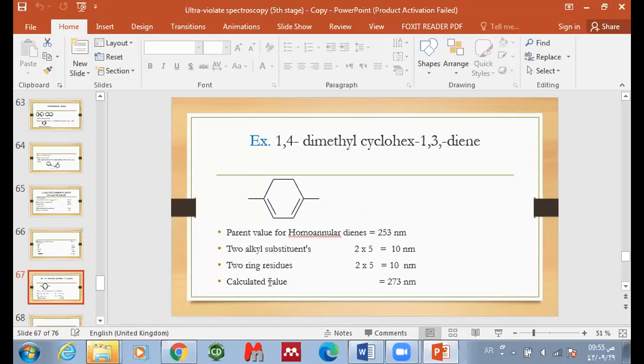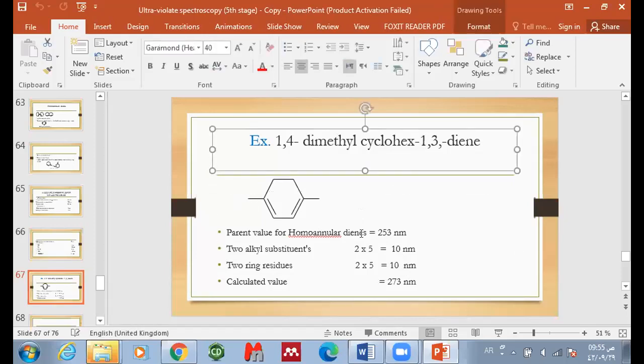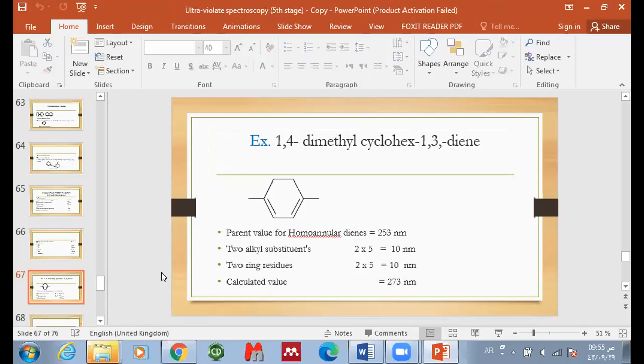When we add 2 ring residues, 1 ring here and 1 ring here, we get a 10 nanometer increase as well. So the total increase will be 20, and when we add it to 253, we get 273. So this is the Woodward-Fieser rule calculation.